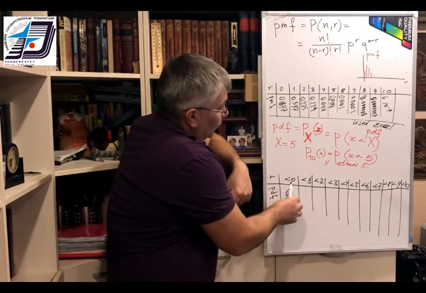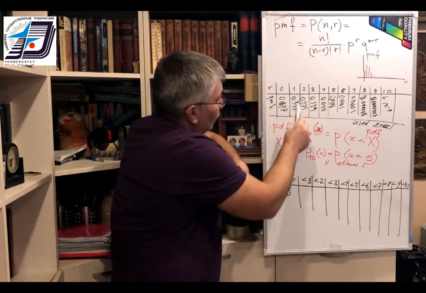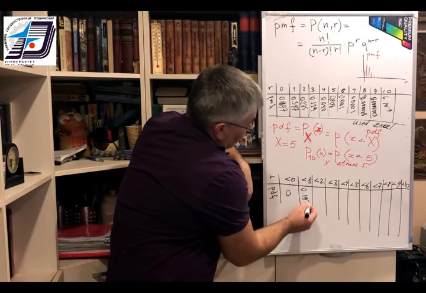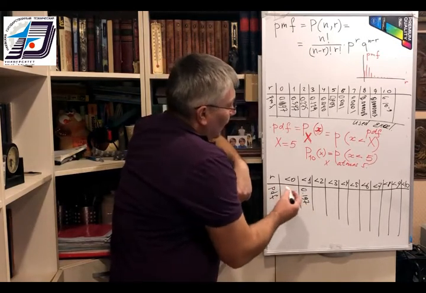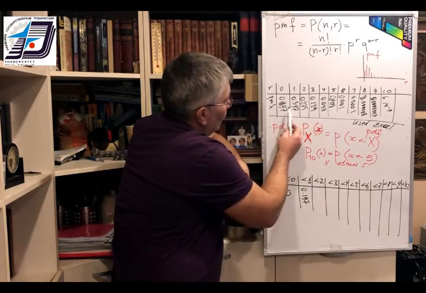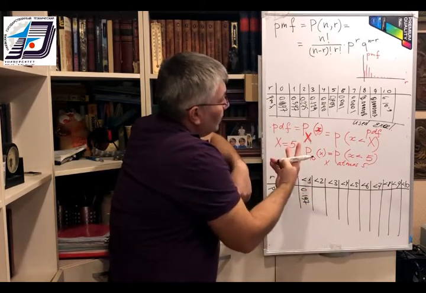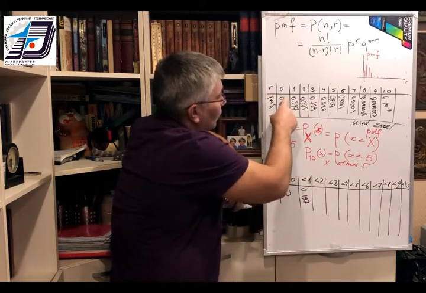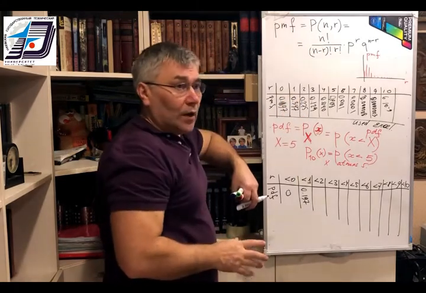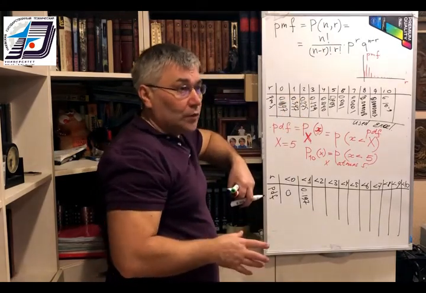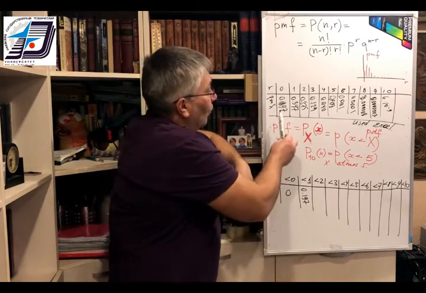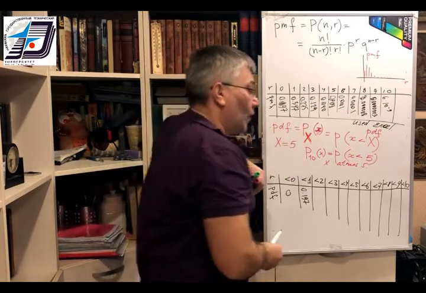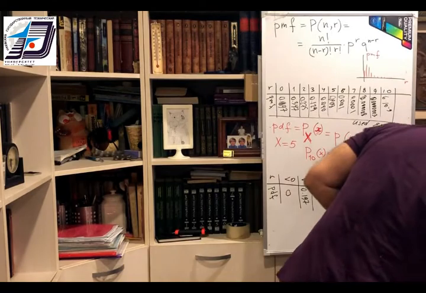When we get less than 1, the probability is given with 0.197. For less than 2, we have two events which satisfy the situation: 0 or 1. You remember that if we have the logic operation or between probabilities, we have to add them. So we add to 0.197 this number 0.347.